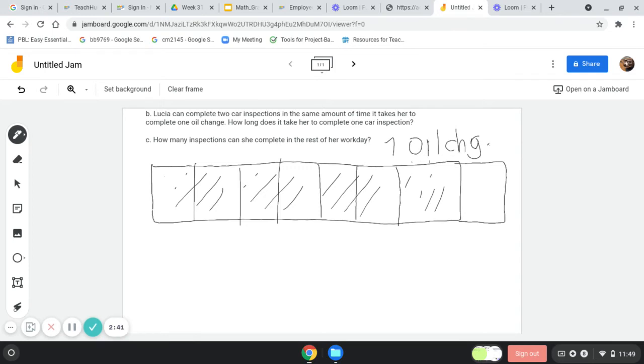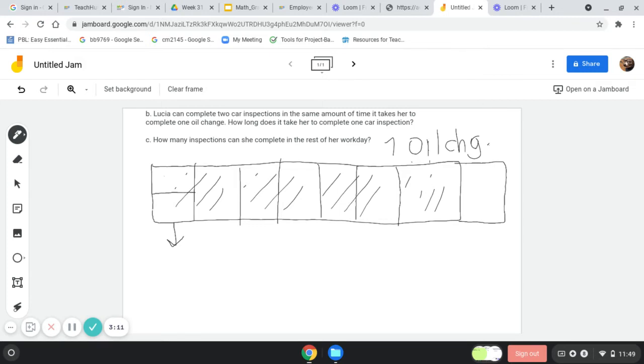Okay, I abbreviated that. So now we go on. Lucia can complete 2 car inspections in the same amount of time it takes her to complete one oil change. So this represents one oil change, okay? But now it's saying that within that half hour, she can actually do 2 car inspections.